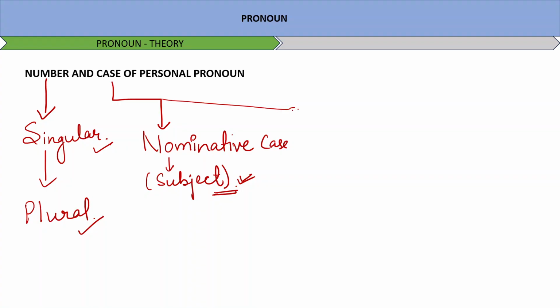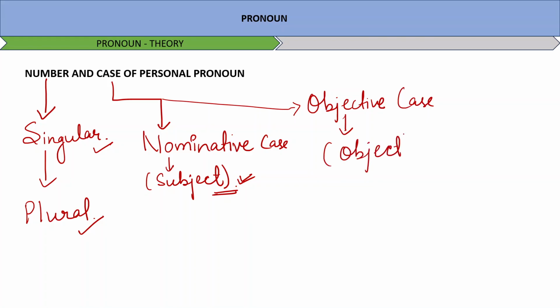The second one is objective case. Now what is an objective case? Definitely the case where an object is used. It will always signify objects. The third one is possessive case, the one which shows possession, okay.